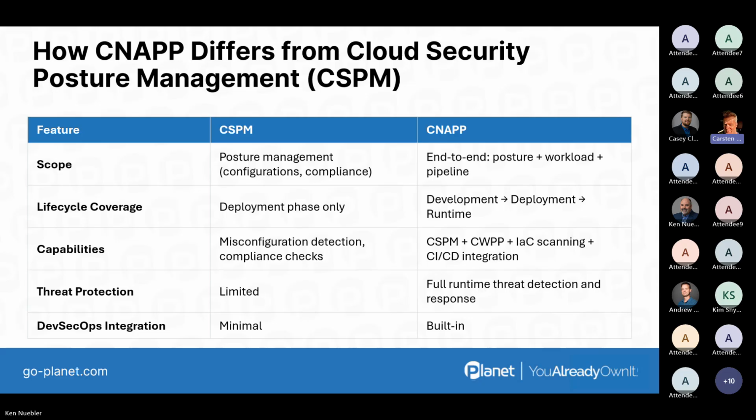So you can actually have live scanning and a live security posture around new code coming into the system. And then the last bullet here goes without saying, but we have the DevSecOps integration. Before CNAPP, that was minimal. You could look at some of your pipelines and scan the code, but it was not built in and it was not fully integrated.